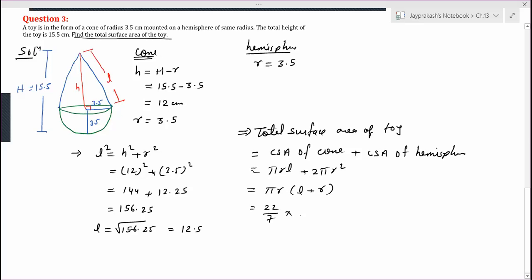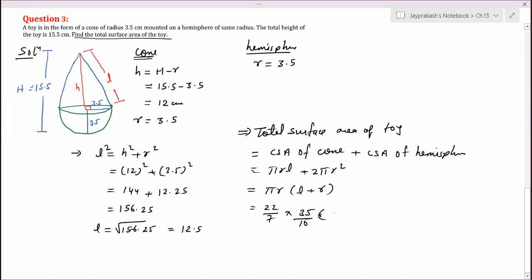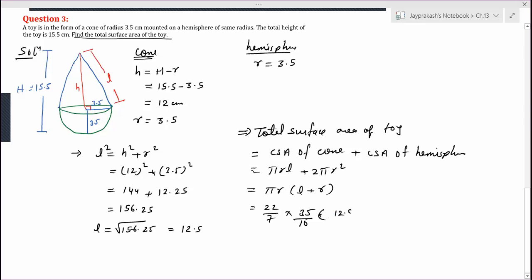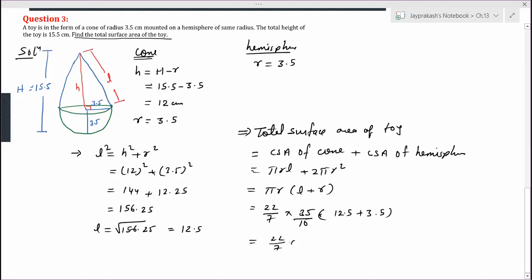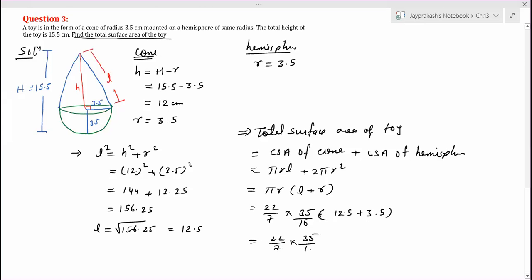So 22 by 7, radius 3.5 can be written as 35 by 10, and in brackets, slant height 12.5 plus 3.5. So finally it becomes 22 by 7, 35 by 10, and L is 12.5 plus 3, it's 13, 13 plus 3, 16.